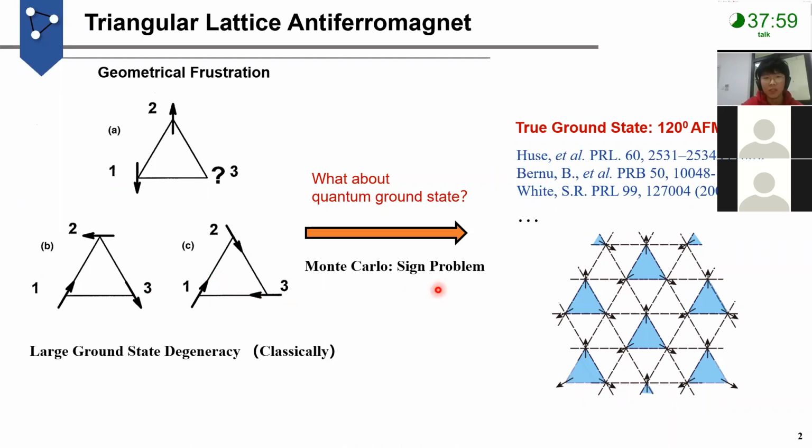For this problem, Monte Carlo encounters the famous sign problem, so we need new theoretical methods. After a lot of effort, a consensus has recently been reached that the true ground state of the triangular lattice antiferromagnet is actually a classical order with 120 degrees between neighboring spins, but the magnetization is largely reduced compared with the classical limit.